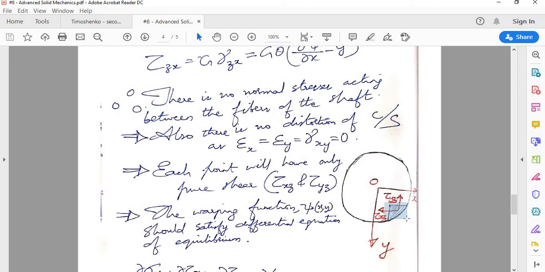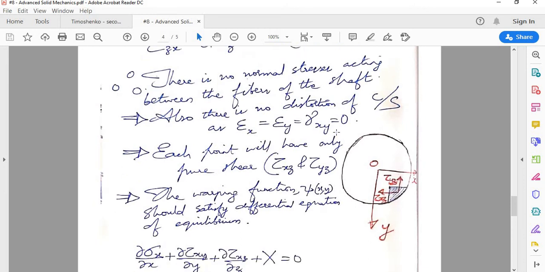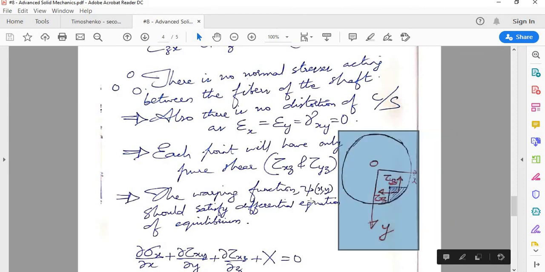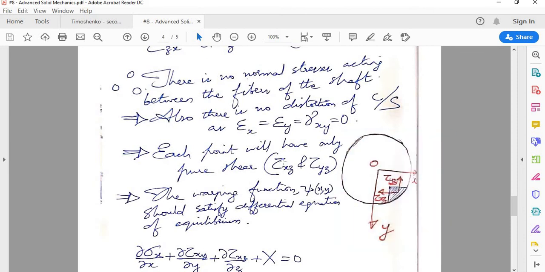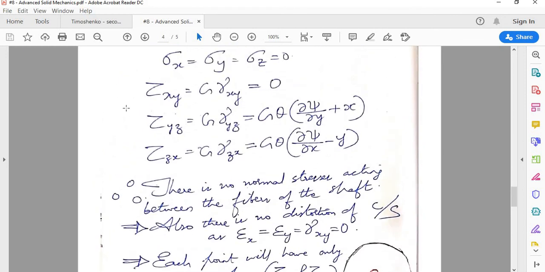On this area, which is along the z direction, the stress along y direction is tau yz and the stress along x direction is tau xz. Anyway, we will discuss this in detail in the upcoming lectures, so don't worry about this. But the point to note is that only these shear stresses are non-zero.